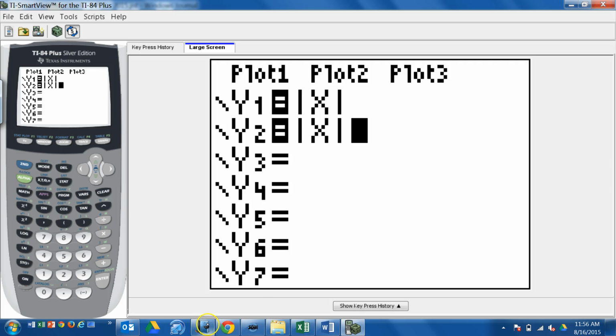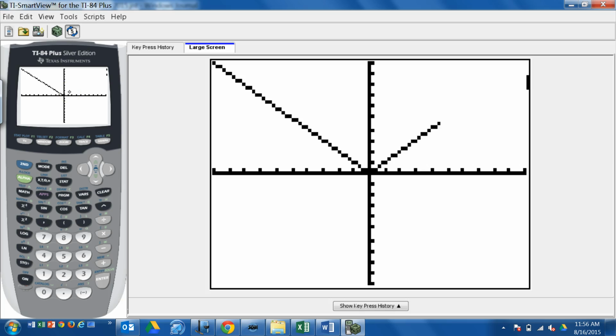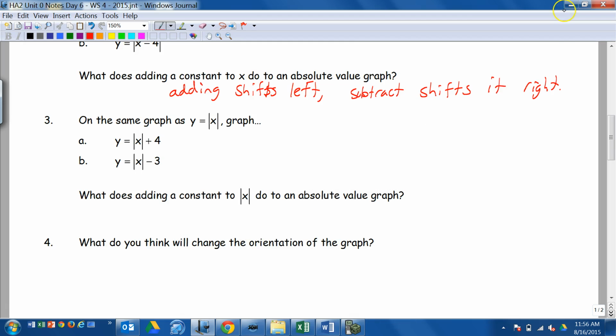If I add 4, let's look and see what the graph does. There's the original, and now the vertex has moved up 4 because we're adding to the whole function, not just inside the absolute value. So if I do that again, it will look like it went down 3. I'm not going to do both of them because at this point you can do that yourselves. What does adding a constant to the absolute value of x do? So the whole thing to the function.